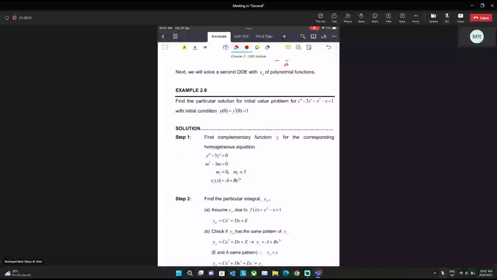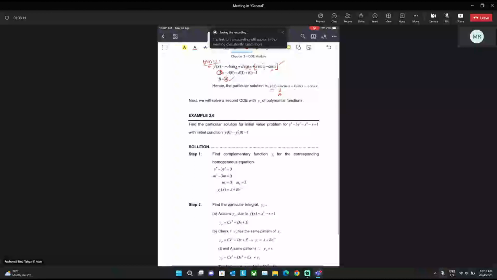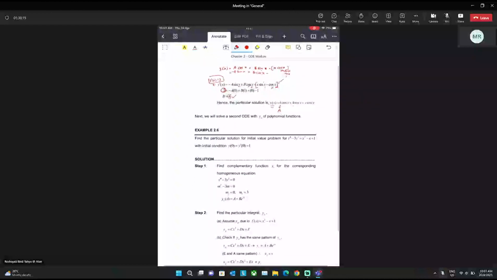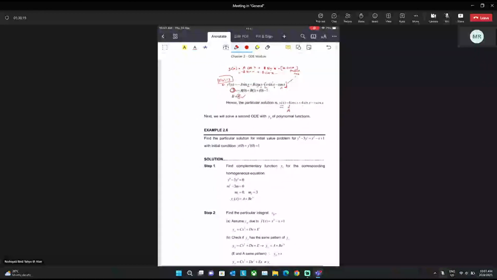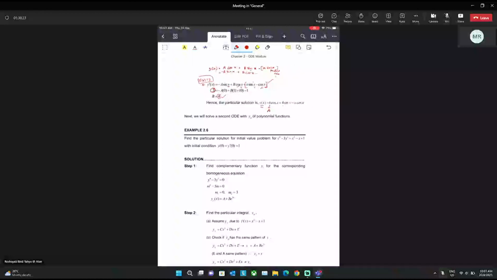Okay, kalau tak ada soalan, class dismiss here and then kita continue. Sebenarnya hari Selasa tu ada buat latihan sedikit untuk homogeneous tapi tak apalah sebab saya rasa homogeneous tu very simple.